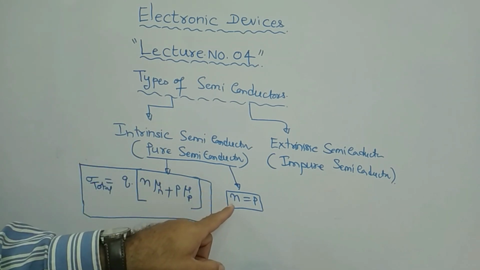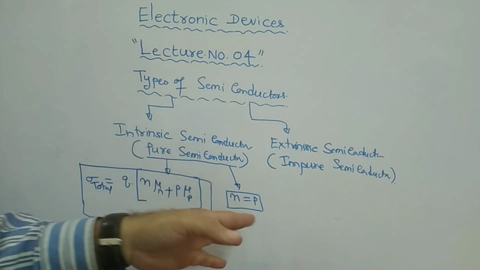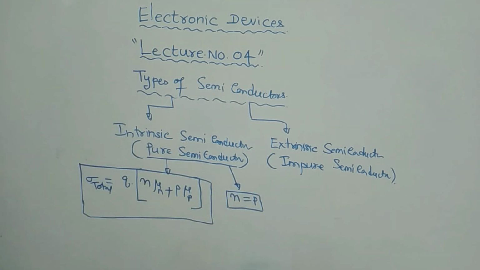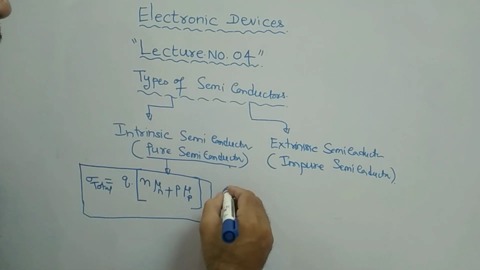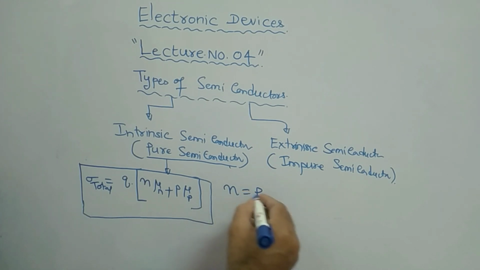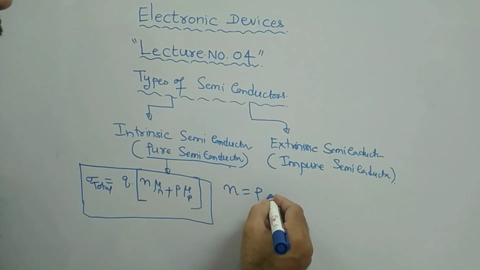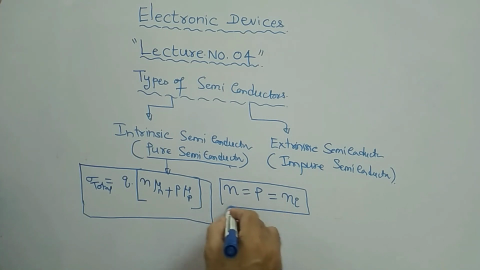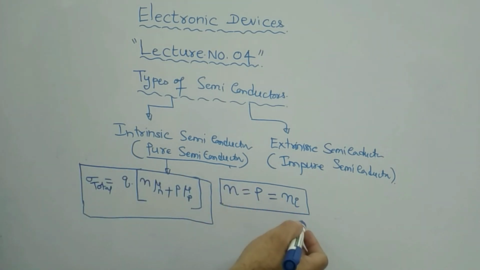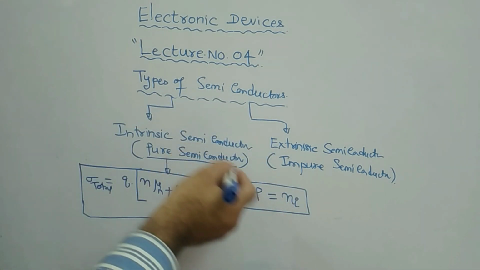As n is equal to p, I will call this n suffix i, where n suffix i is called the intrinsic carrier concentration. This is for the pure semiconductor only.